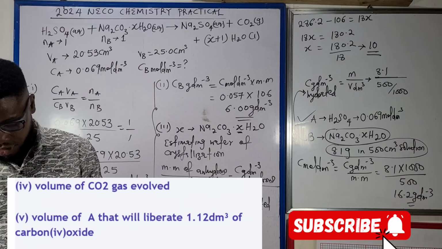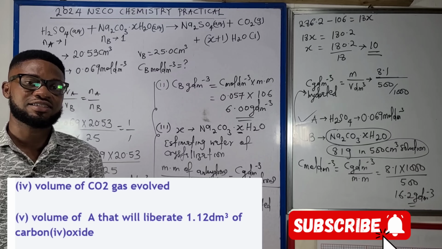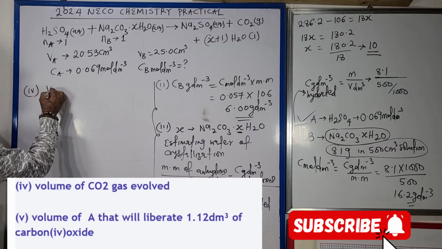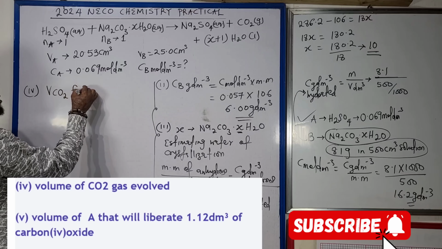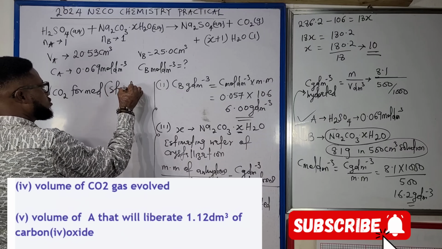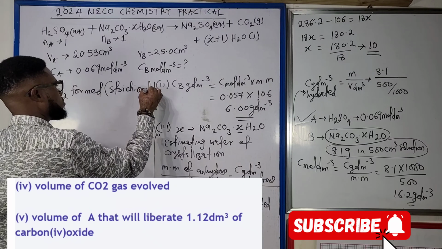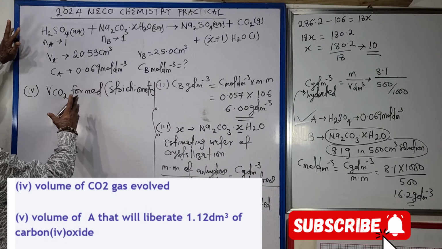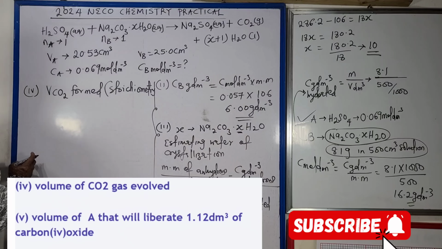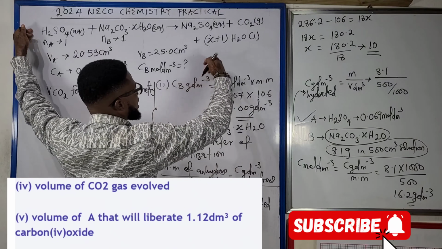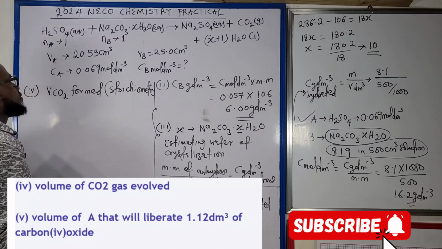Next up, we were told to calculate the volume of carbon dioxide gas evolved. So for Roman figure 4, we were told to calculate the volume of CO2 formed. Now this is just more of stoichiometry. If you look at it very well, this is more of stoichiometry. Looking at everything that we've had, for the case of the acid, I can convert this to mole, because 1 mole of H2SO4 is stoichiometrically equivalent to 1 mole of carbon dioxide.